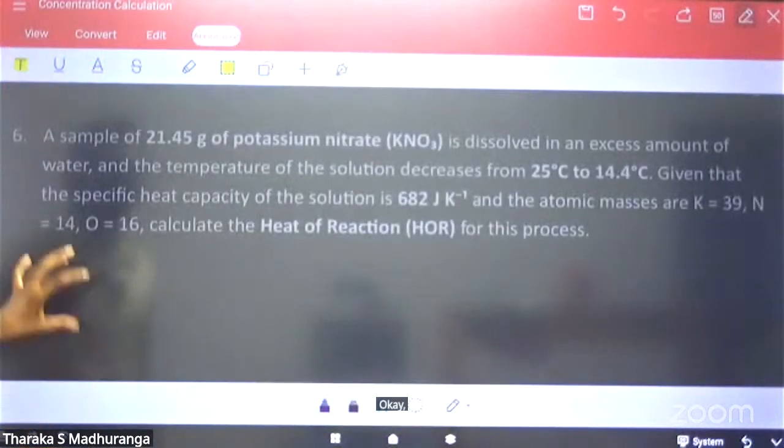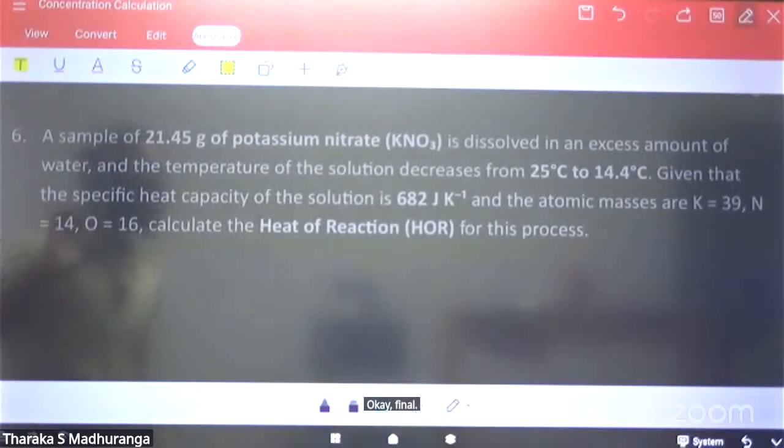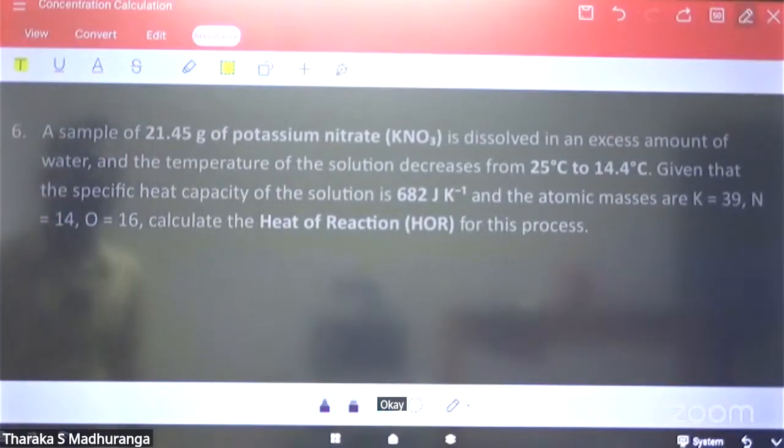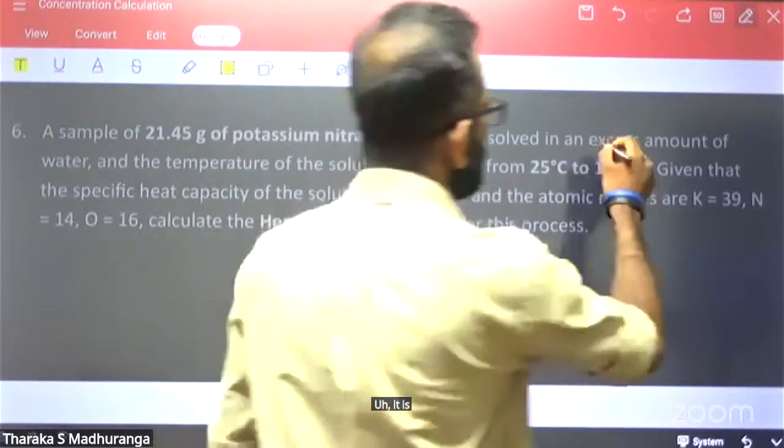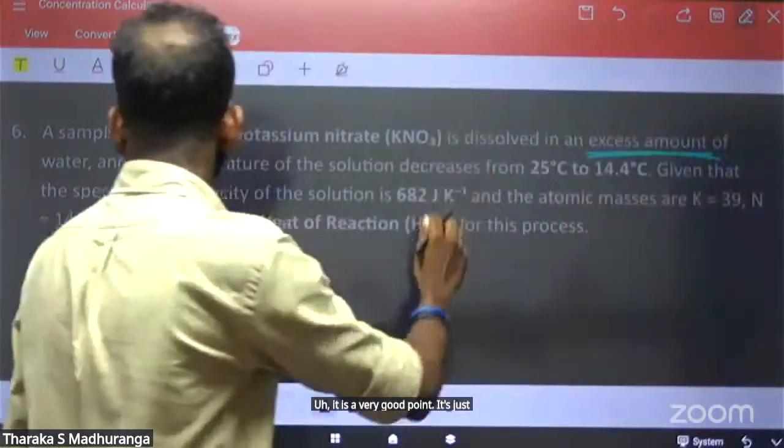Okay, final. Let's complete. I can give you 3 minutes. Please try. A sample of 21.45 gram of potassium nitrate, KNO3, is dissolved in an excess amount of water. It is a very good point, excess amount of water.